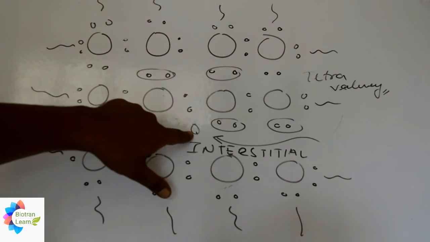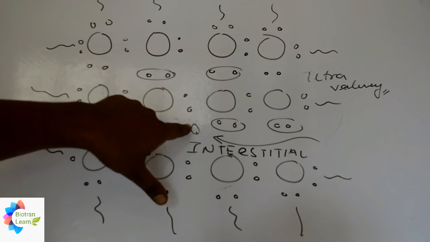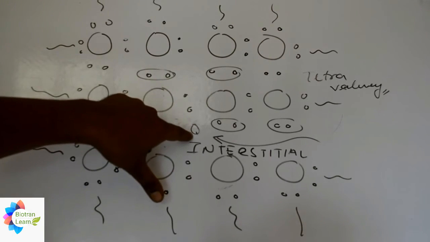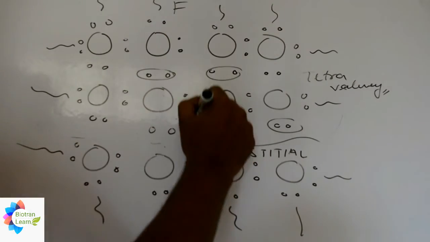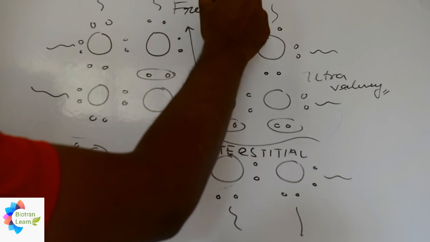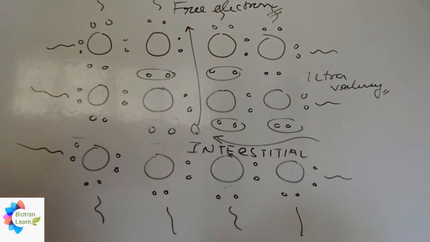In this particular interstitial space, if we introduce one extra electron, then this extra electron will act as a free electron and will move on the surface of that particular metal.